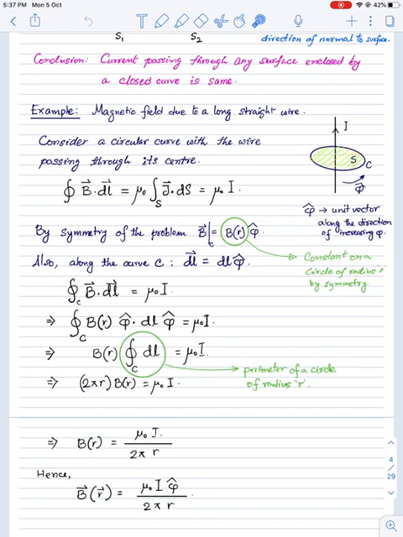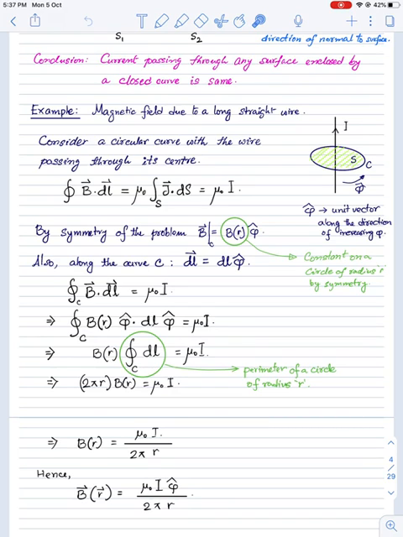Therefore, for this problem, cylindrical polar coordinates are the most suited. Let us consider this problem in cylindrical polar coordinates, with rho and phi being the radial direction and the angular direction in the xy plane, and let's consider the direction of the wire to be the z direction.